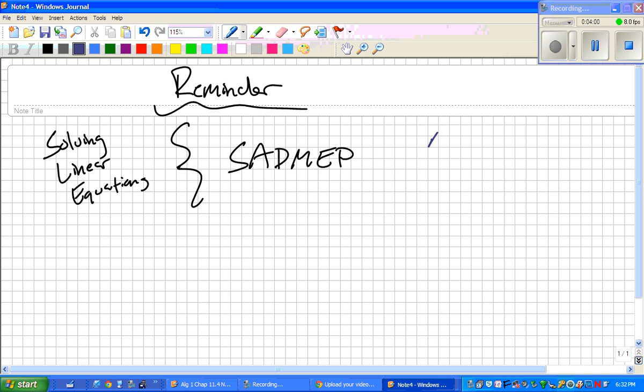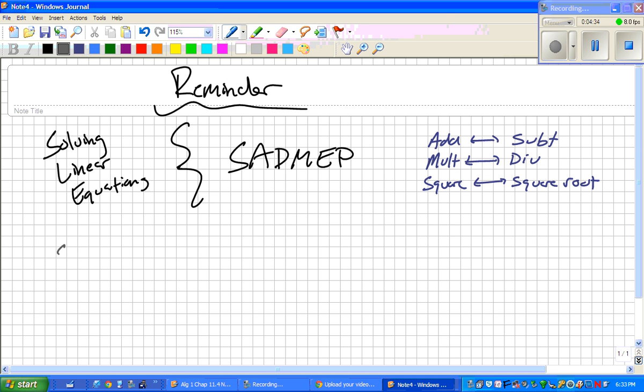And we know that to get rid of addition, you would use subtraction. Or if you had subtraction, you'd use addition. If you had multiplication, you would use division. If you had division, you would use multiplication. And now if you have a square, you would use a square root. But if you had a square root, you would use a square. So that's how the inverse operations go.